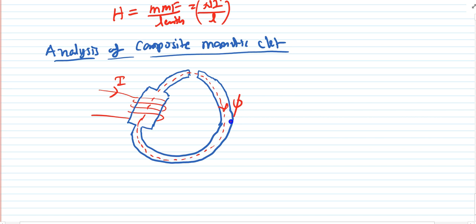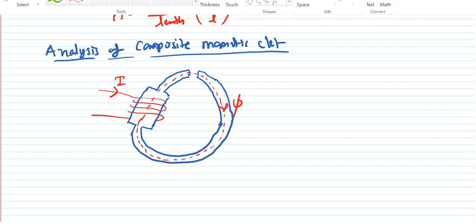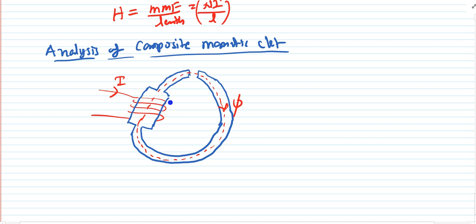If you see here, this material is made up to some length from here to here. Assume this material has a length L1, and this material, from this point to this point, has a length L2, and this material, from here to here, has a length L3.